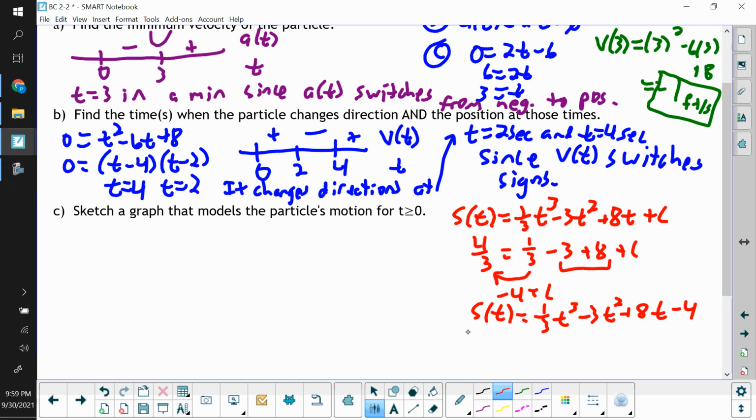Now we want to find the position at those times. So that means we want S of 2 and S of 4. So we'll give you a moment to sub those in and see what they give you.